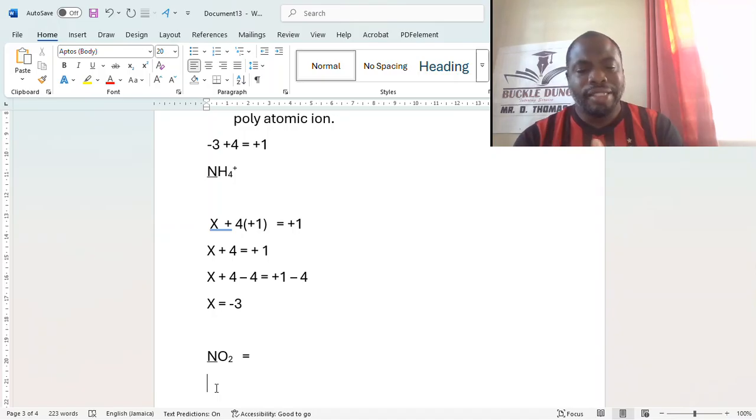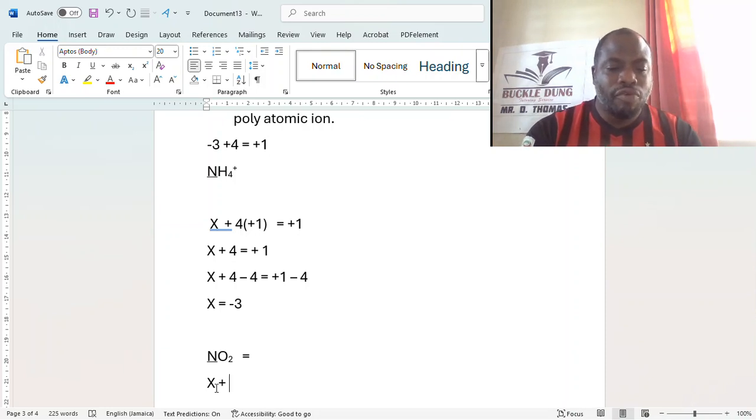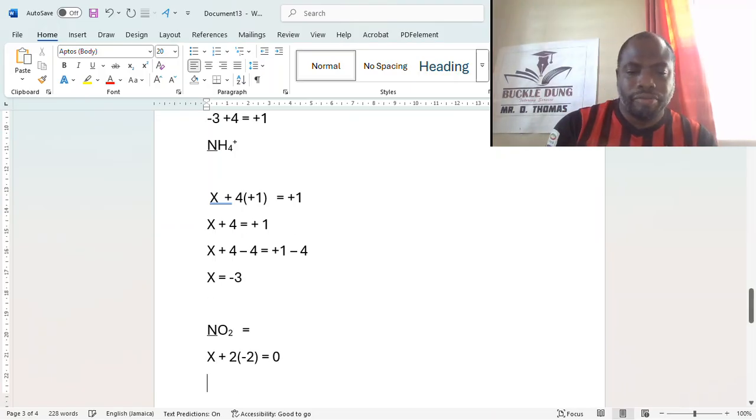So if you think that the nitrogen here is a -1, let's see what happens. We call it X again. And we know that oxygen, we have two of them, and each oxygen is -2. It should equal 0 because it's a neutral compound.